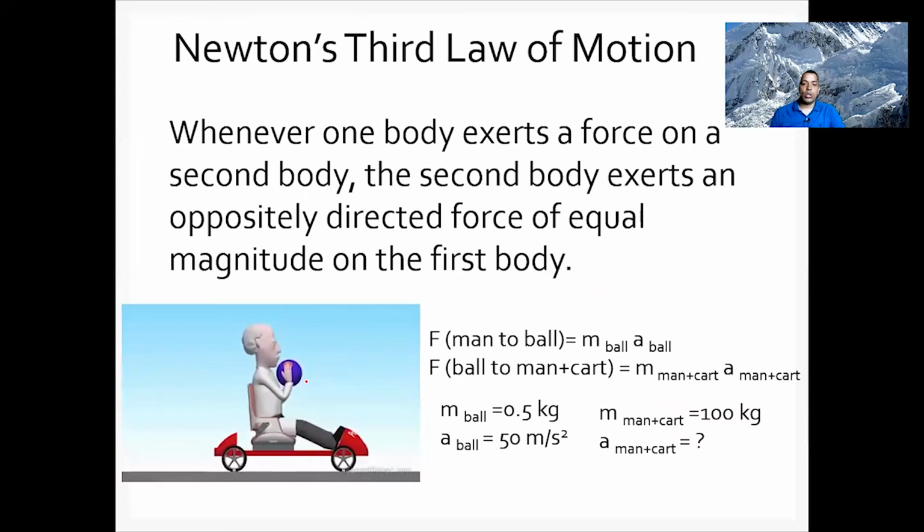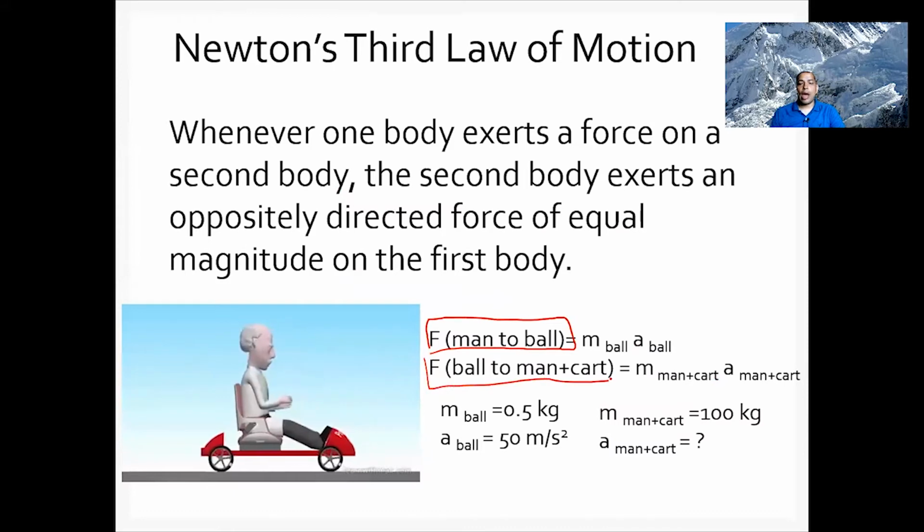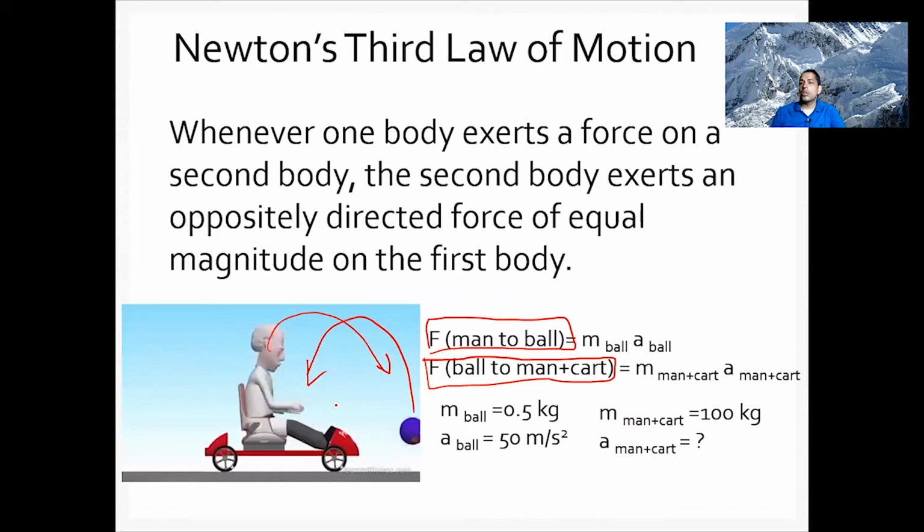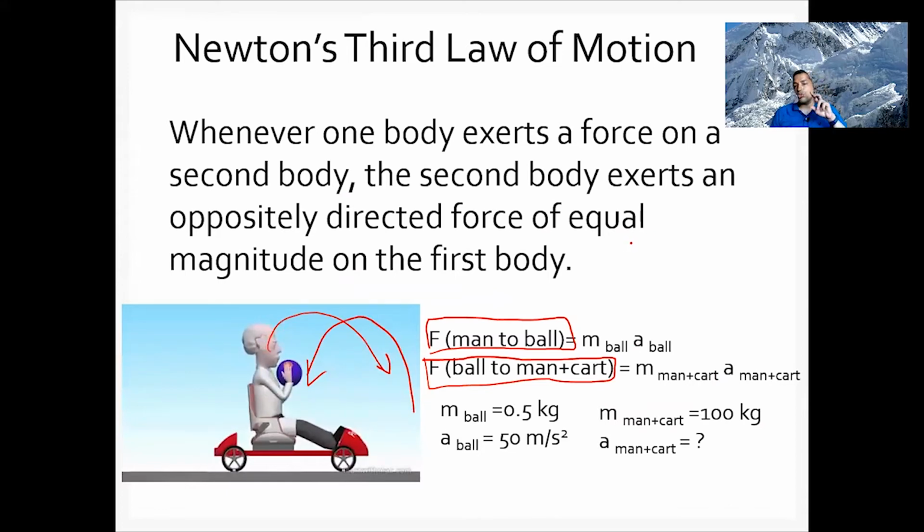The force due to man to the ball is equal to the force due to ball to the man plus cart. That's the meaning of Newton's third law of motion. The force exerted by this man on the ball is equal to the force exerted by the ball on the man.